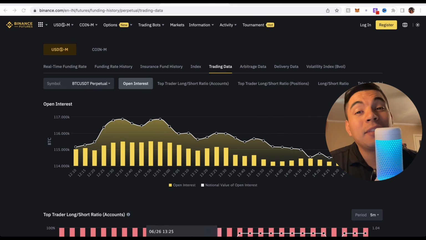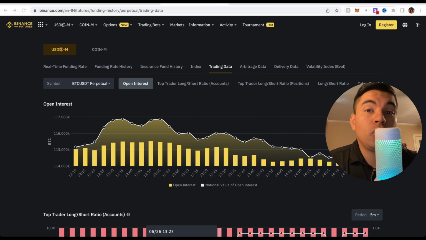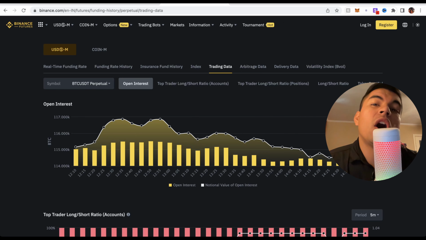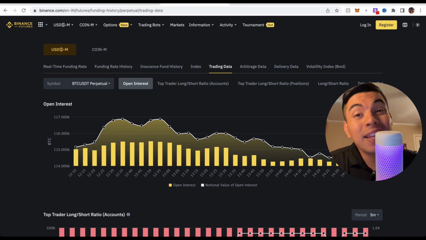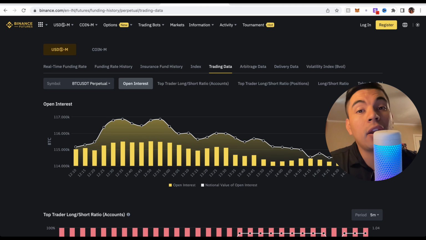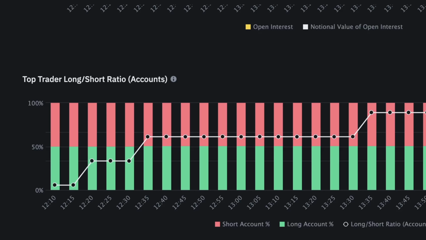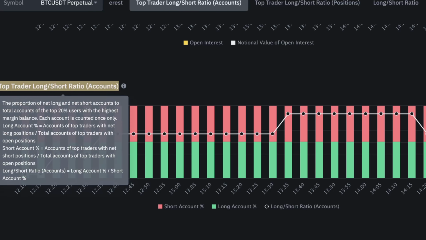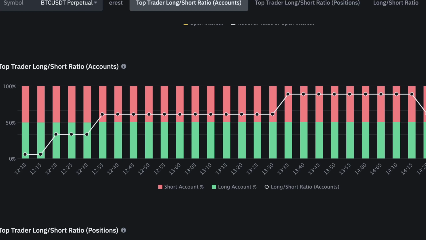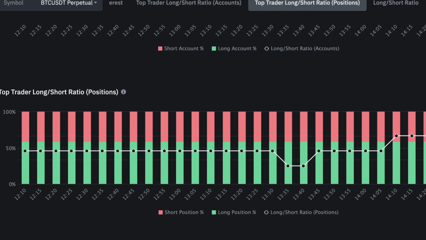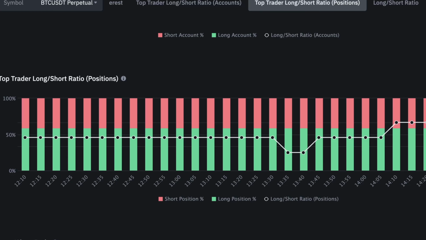We're using Binance because it is the biggest exchange. You can use other exchanges, but obviously the exchange with more liquidity and more volume tends to work better for this. This is going to show you the top trader long ratio, which is basically the amounts that traders are going long versus short. But where we're going to start is actually looking at the open interest.